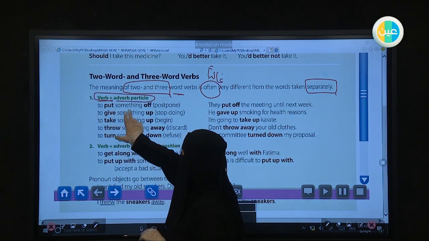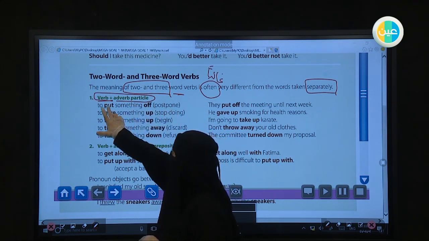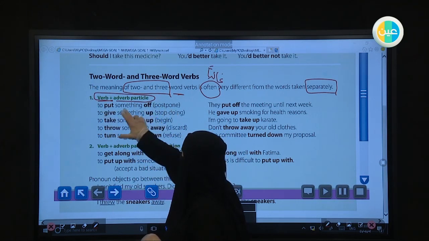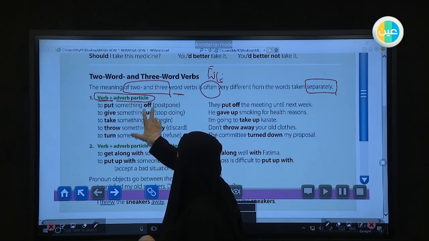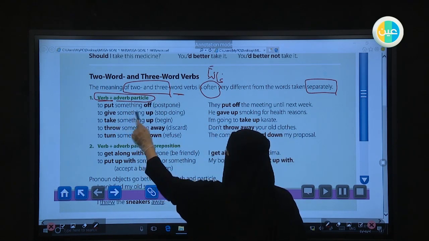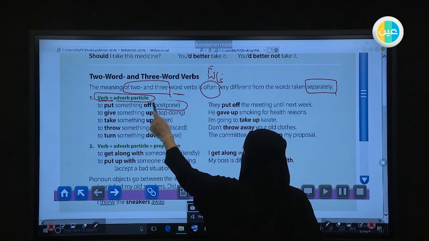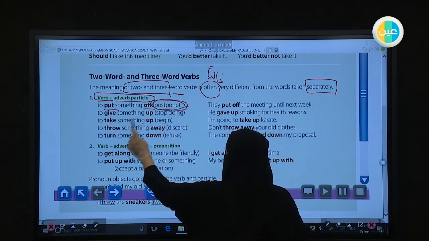To put something off: postpone. So they put the verb first, and after that they put off. Okay? So to put something off means postpone. To give something up.